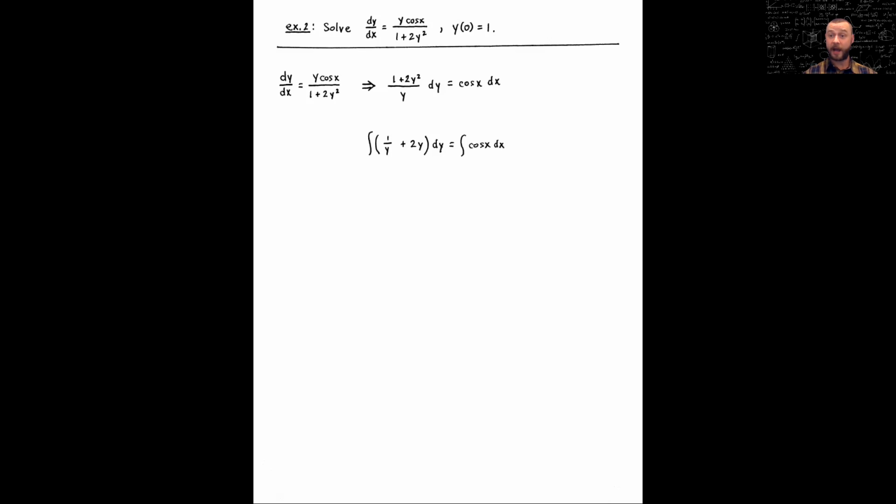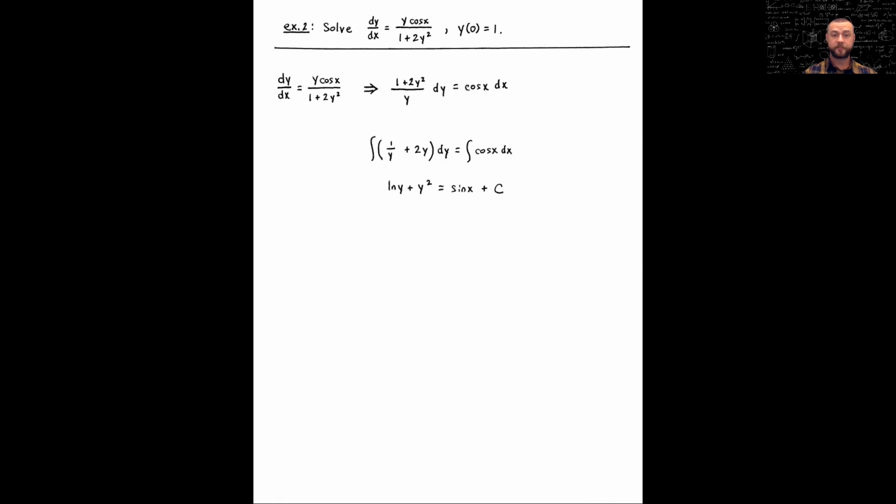There's a factor of y that cancels out there, y squared divided by y. All right, at this point, the integration should be pretty simple. The left side will integrate to natural log of y plus y squared. And then integrating the right side, basic antiderivatives for trig functions. An antiderivative for cosine is sine of x. And then, of course, plus c.